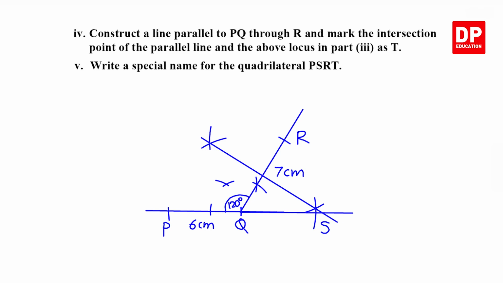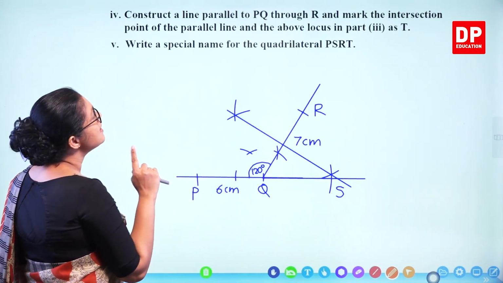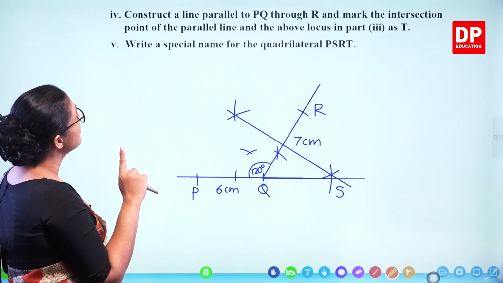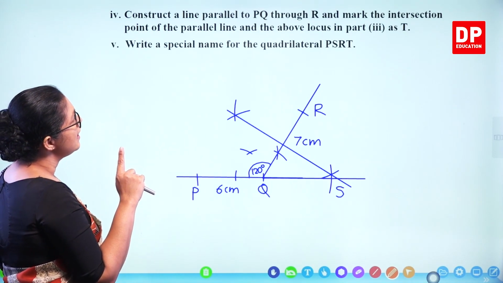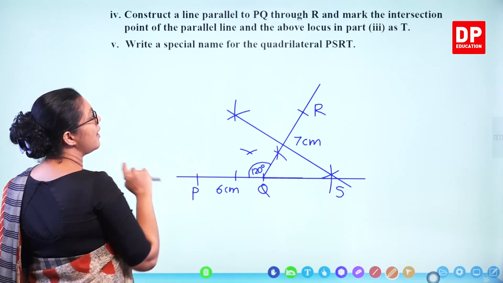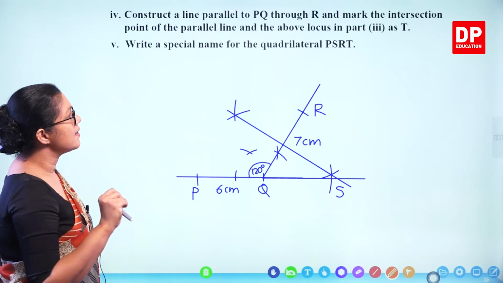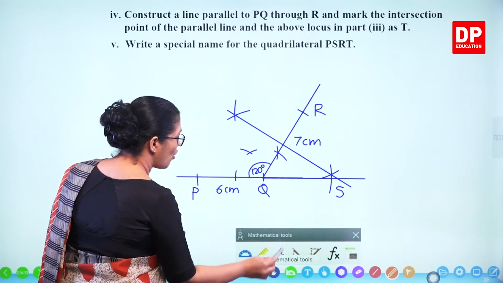Construct a line parallel to PQ through R and mark the intersection point of the parallel line and the above locus in part 3 as T. So this one and that one you have to mark as T. So we'll draw the parallel line. How can we draw the parallel line?